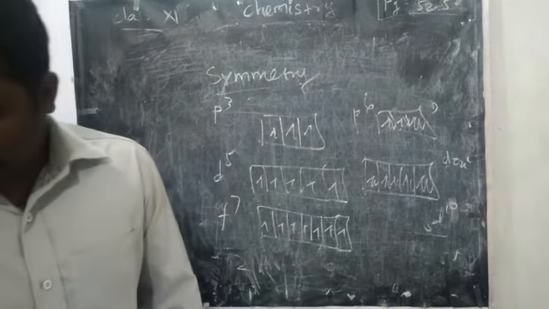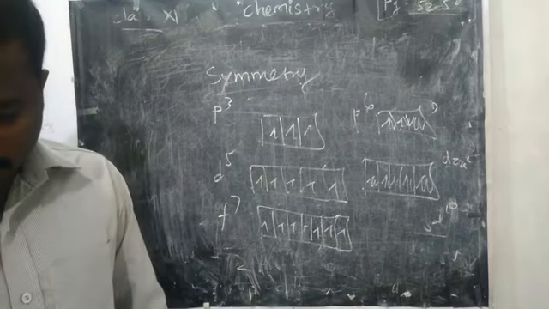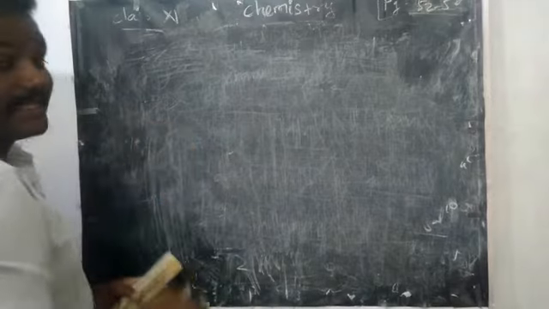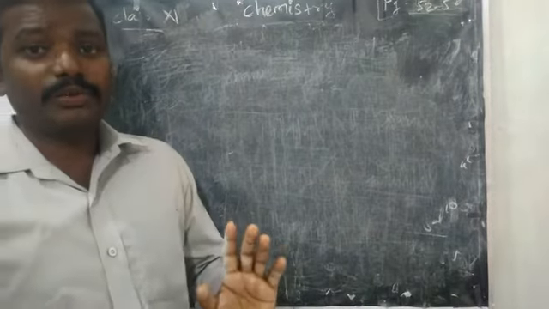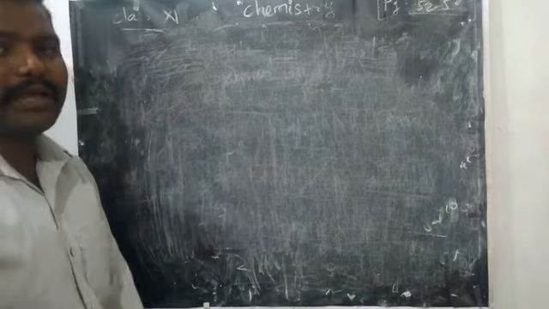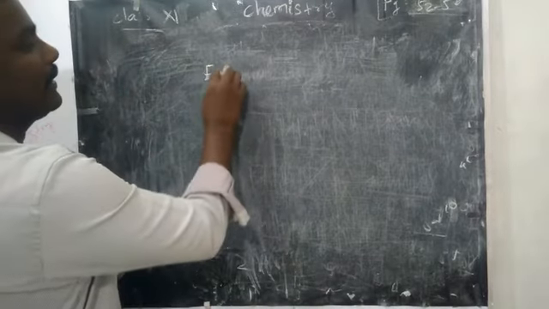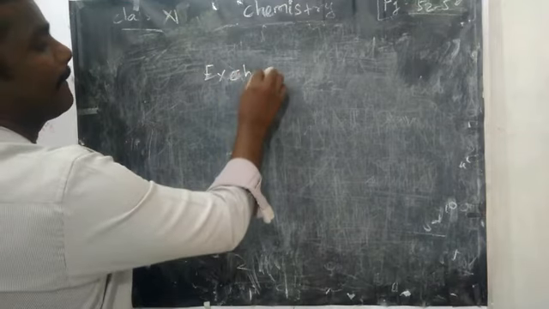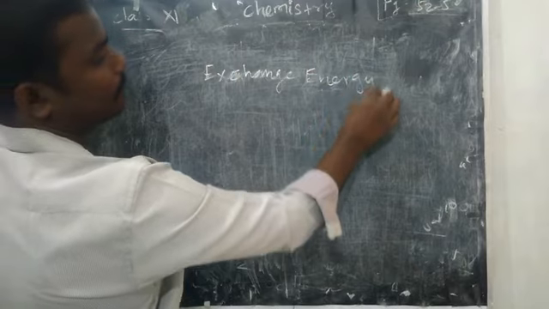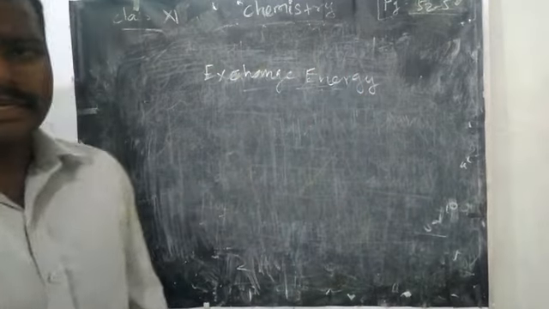Now we will learn about exchange energy. Symmetry and exchange energy are what make the orbital more stable. So symmetry we have finished; the last one is exchange energy. What is exchange energy?